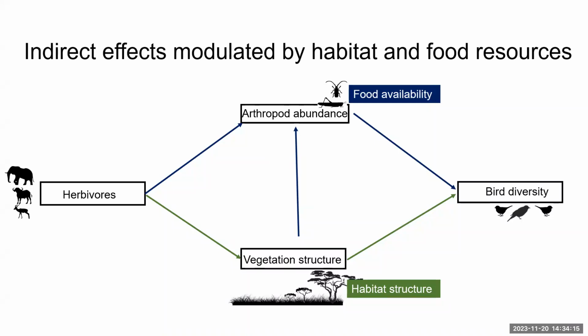This figure here shows the two hypotheses that we're testing. We're saying large herbivores may indirectly influence bird diversity through vegetation structure. Also, large herbivores may influence bird diversity through changing food resources like arthropod communities.